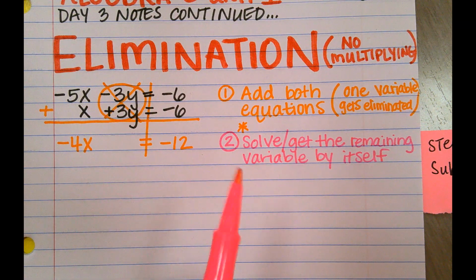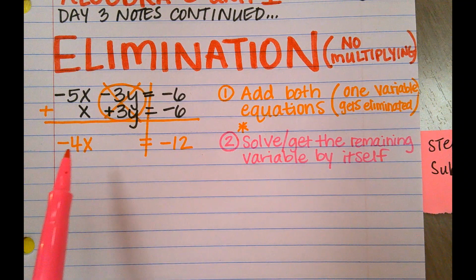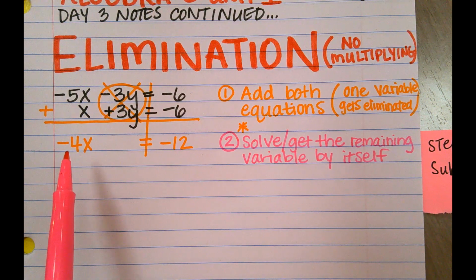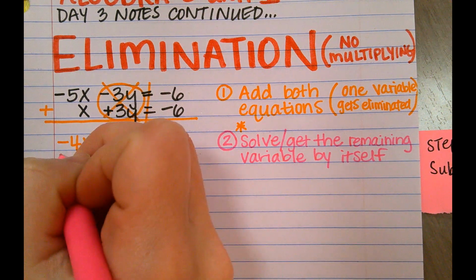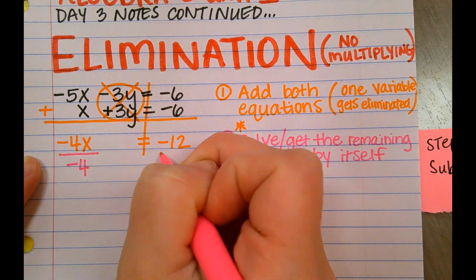So how can I do step 2? How can I get x by itself? Divide both sides by -4. Perfect. I have -4 times x, so we'll do the opposite: divide by -4.